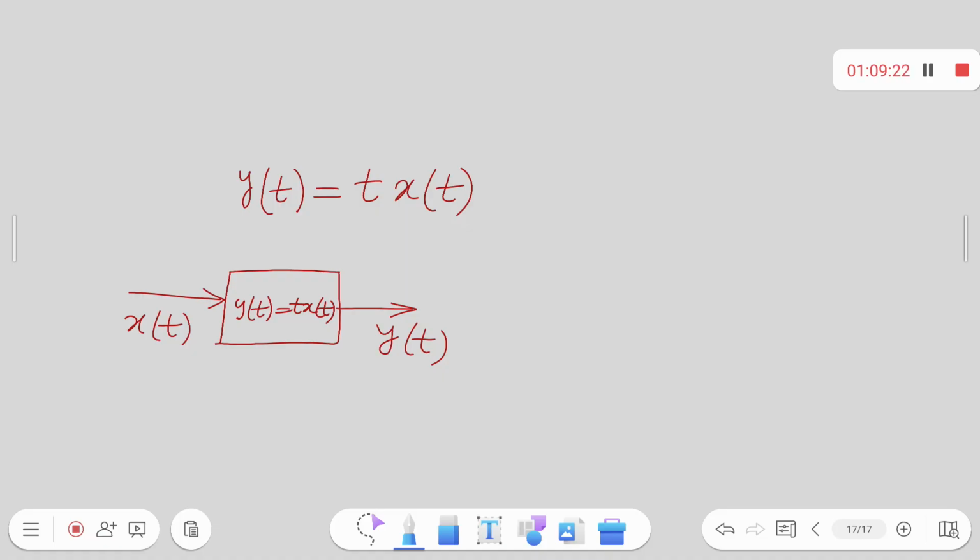How can you calculate the impulse response? By providing the impulse as my input. Isn't it? Can you get my point? Yes or no?